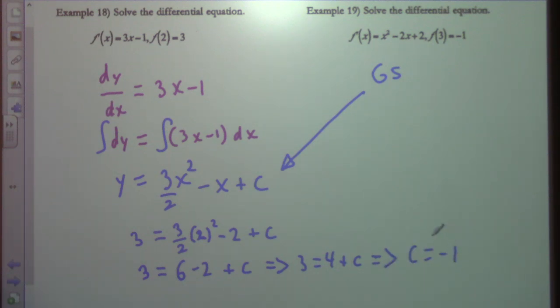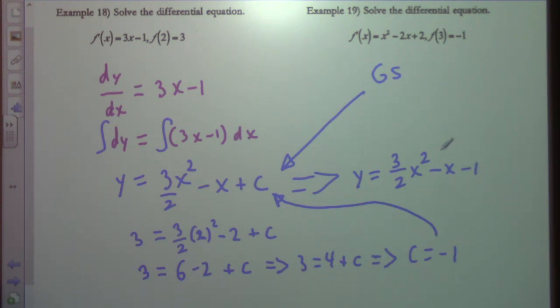And what do we do with this negative 1? We go over here and it becomes y equals, and you can make this f of x too. I'm just going to call it y equals 3 halves x squared minus x, and what goes here? Minus 1.